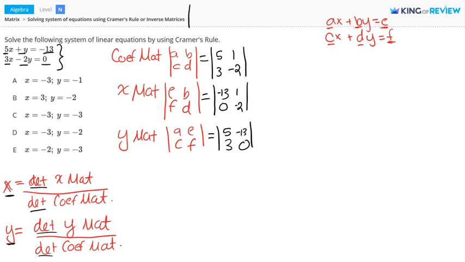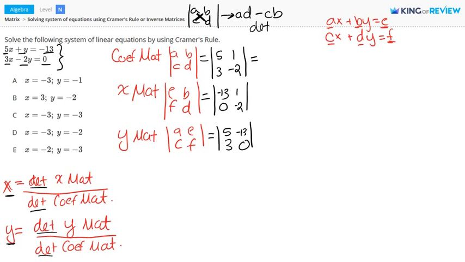Let's say we have a matrix that has entries A, B, C, and D. To find the determinant, we take the product of the entries in the main diagonal, so AD, and then subtract the product of the entries in the other diagonal, which is CB. So AD minus CB gives us the determinant.